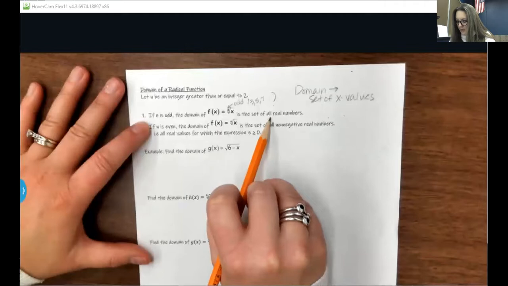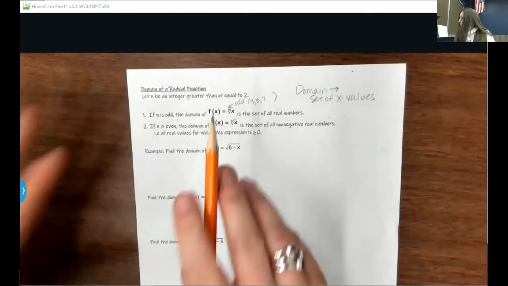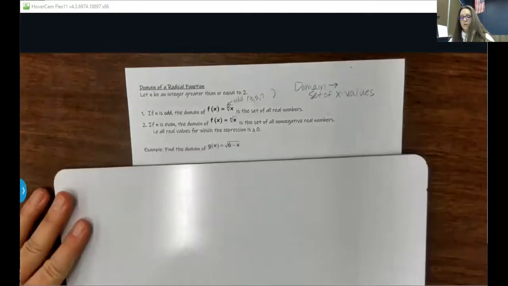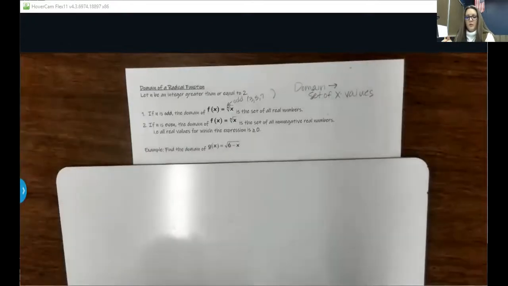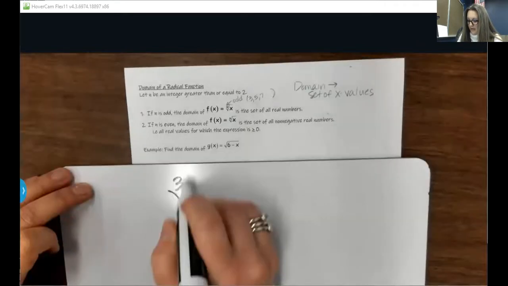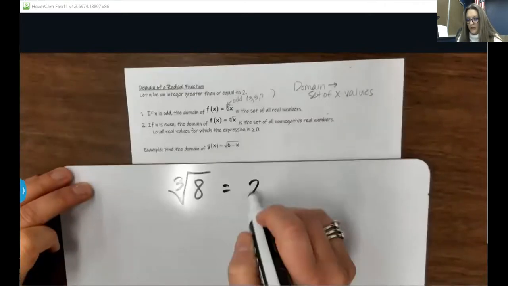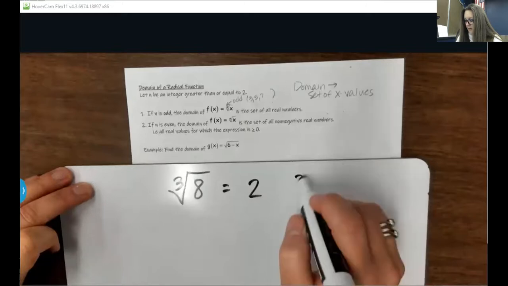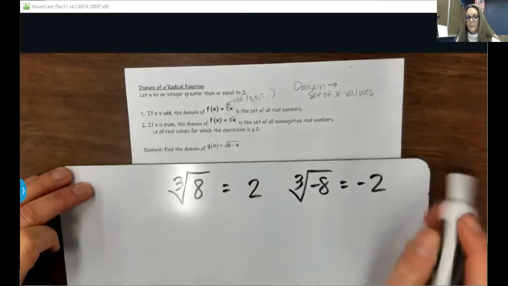I want us to think about that, because if I have a cubed root, remember, it can be negative or positive under there, right? So the cubed root of 8 is 2, and I can also have the cubed root of -8, that's -2. It can be positive or negative.